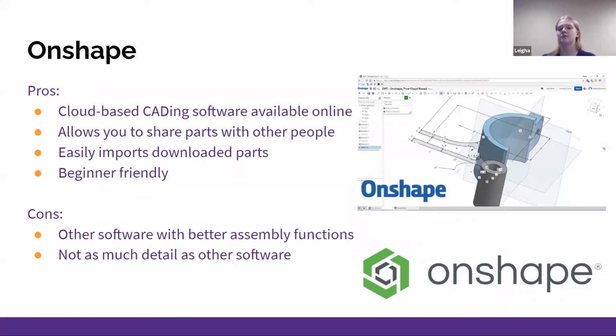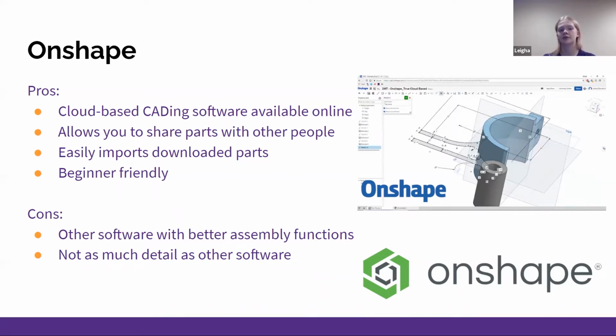You can let other team members edit or look at your designs when you need. You can also easily import parts. So if you need to compare a motor to the rest of your part, you can download that, which Jamie will show you how to actually import parts later, but you'll be able to put that into your CAD and compare it with your design. And OnShape is also a pretty easy one to use, especially at first. It's a pretty beginner-friendly CAD program too.